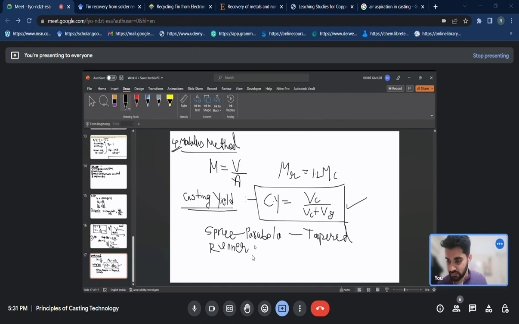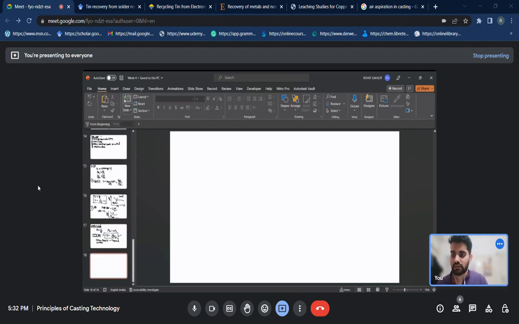So what should we do? Okay. Let's do a simple thing as we have time. Suppose there is a cylindrical side riser used for casting a brass cube of 20 centimeter dimension, and the volume shrinkage is 9%.